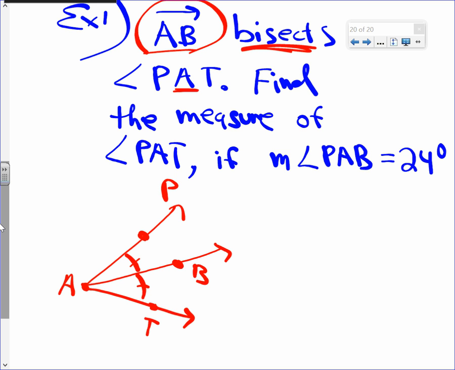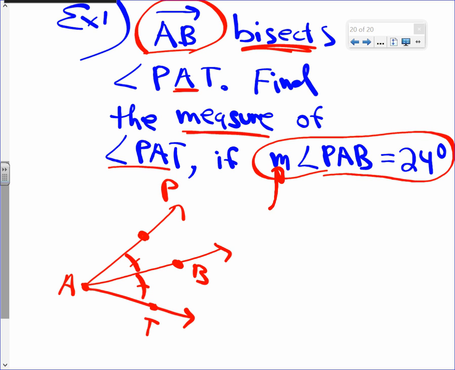Let's read the second sentence now. Watch this. Find the measure. When I say measure, I mean how many degrees, like on a protractor. Find the measure of angle PAT. How big is this? PAT is a big angle. That's both small angles added up. How big is that big angle, PAT, if, look what they gave us.